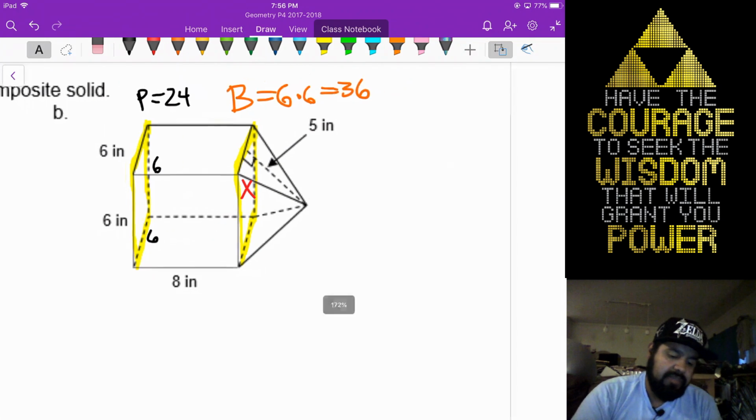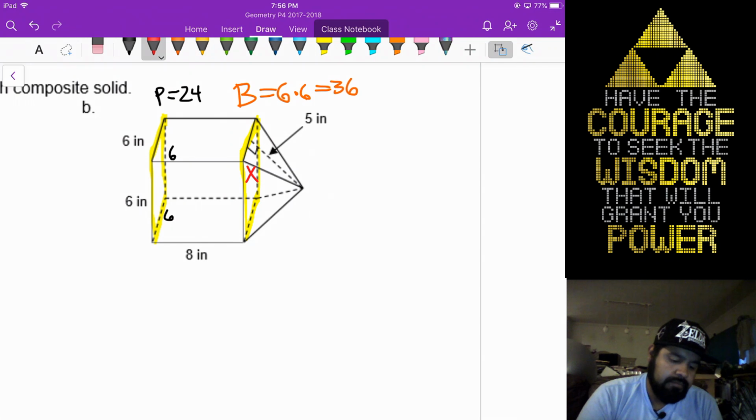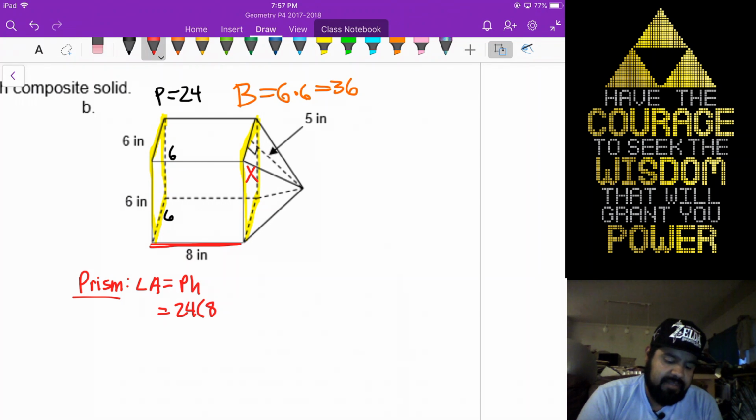For my prism, lateral area equals perimeter times the height. Our height in this case is the distance going away from the base, so that's 24 times 8. Now, I'm going to have you type that in your calculator.